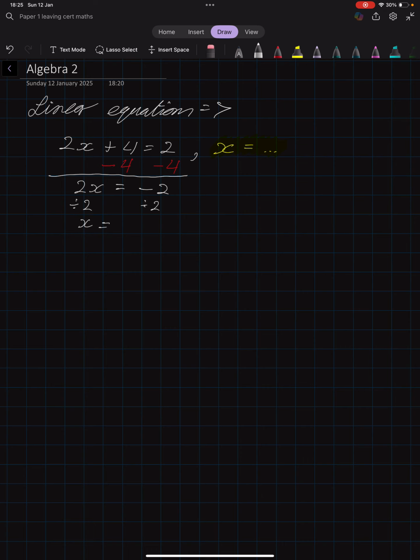So we get finally that x equals minus 1 is the solution to the linear equation above. Hopefully this is fine. I'll do a couple more, but hopefully this would have been covered in junior cert, so hopefully this is all fine.